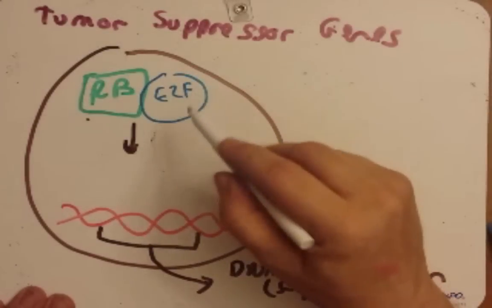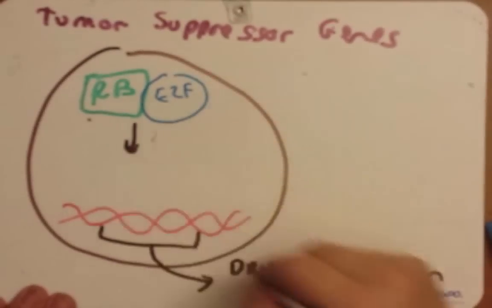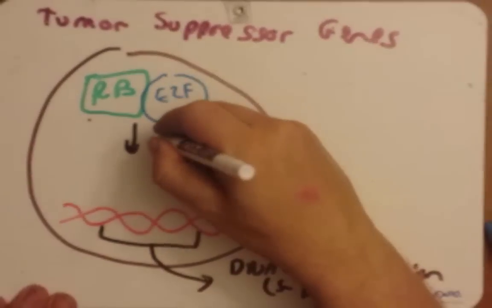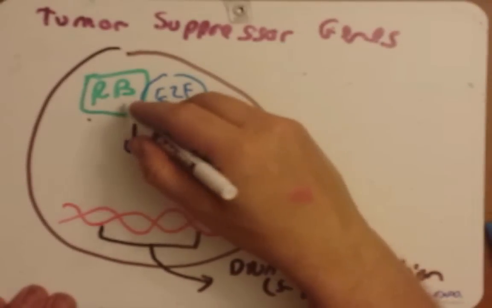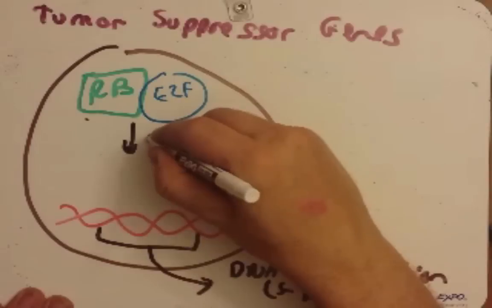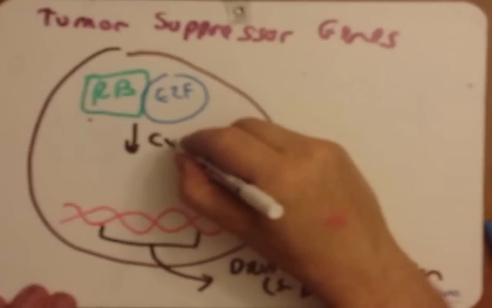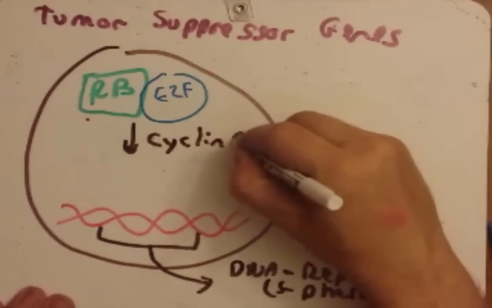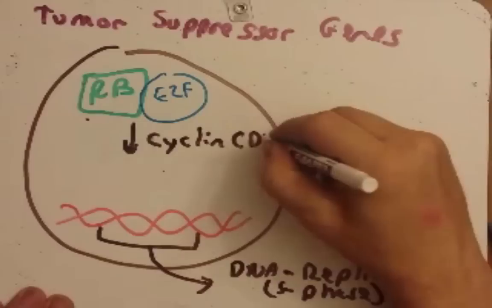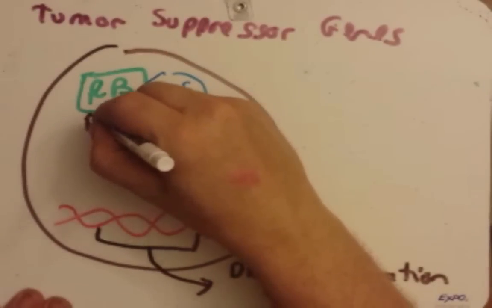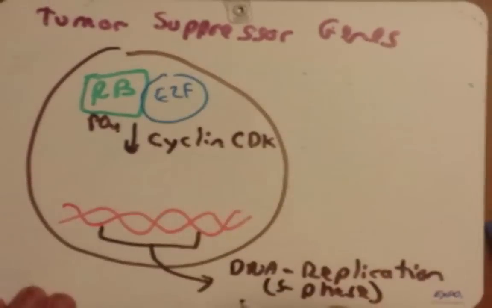So in order to release the E2F, so we can move into the S phase, the retinoblastoma is phosphorylated by this enzyme called cyclin CDK. Cyclin CDK adds a phosphate group to retinoblastoma.